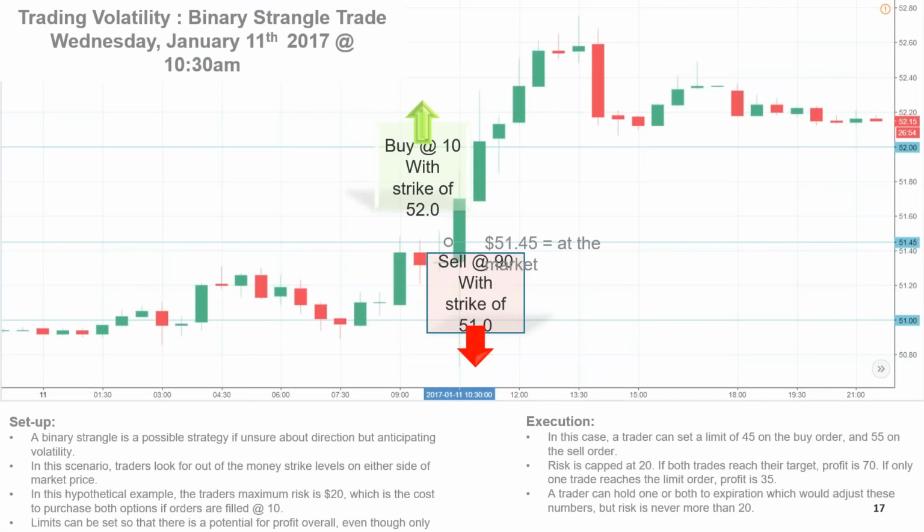So one of the ways you can trade volatility or trade a volatile market is with what's known as a strangle trade. Speaking from my own personal experience and preferences, this is one of my favorite ways to trade. We all have strategies that we just really like, and I like trading strangle trades on the Nadex platform. I think there are some unique inherent benefits with Nadex that allow you to execute strangle trades.